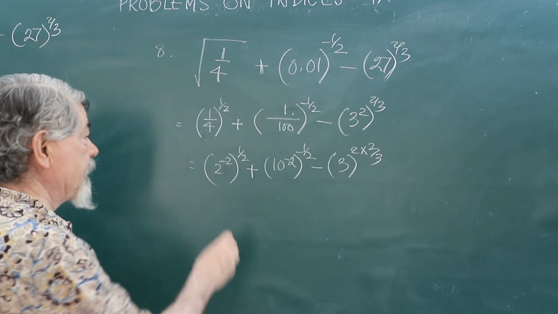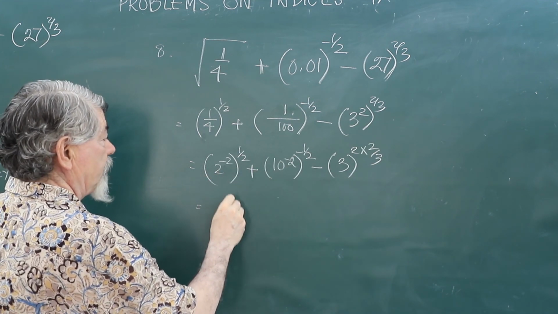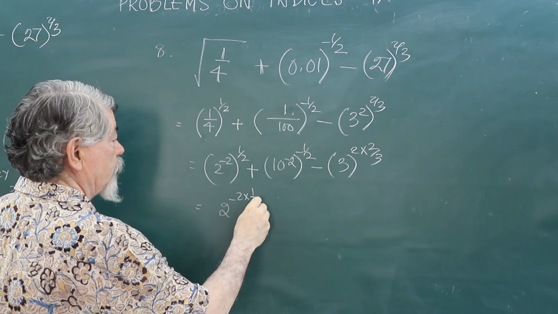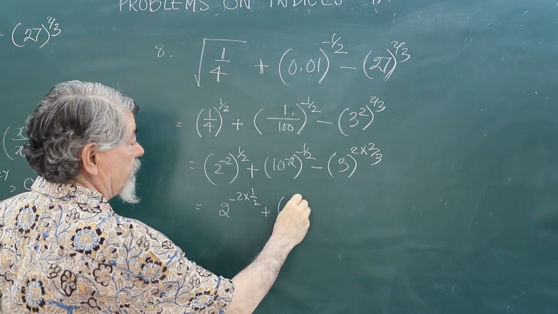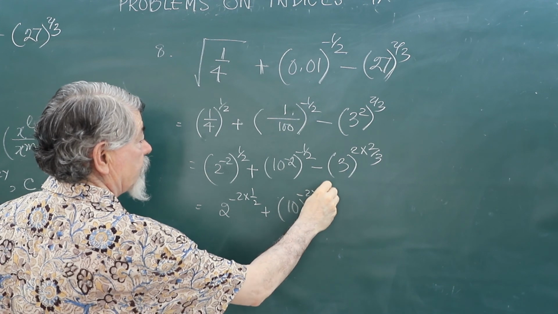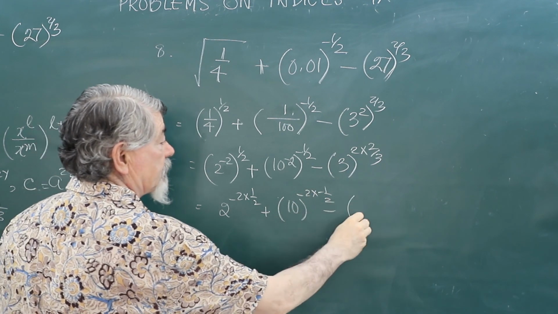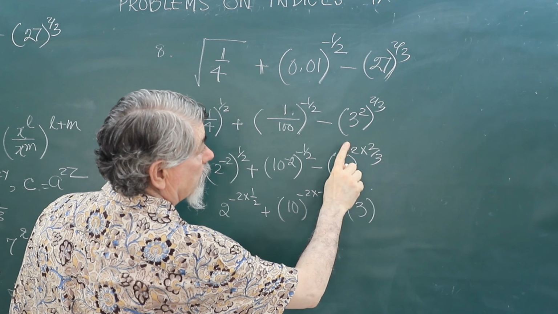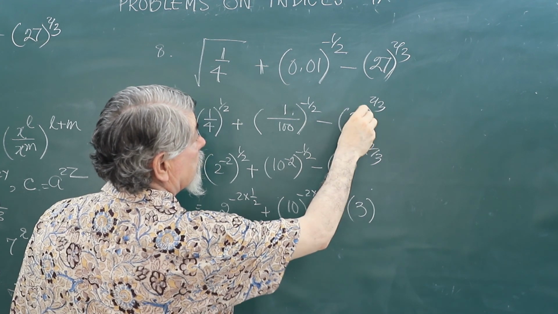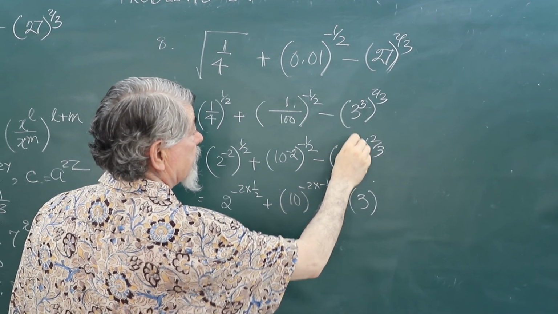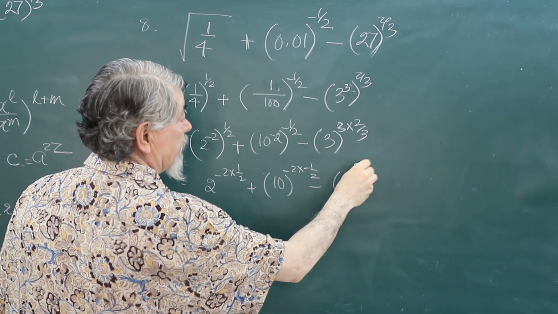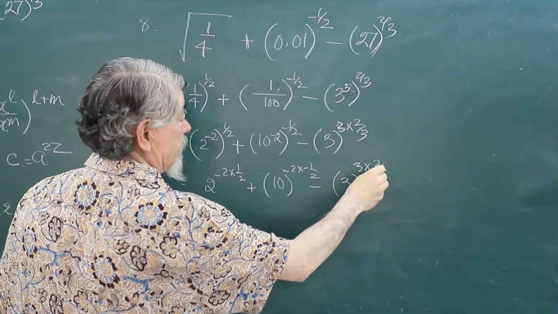So powers get multiplied: 2 to the power minus 2 into 1 upon 2 plus 10 to the power minus 2 into minus 1 upon 2 minus 3 to the power 3, it is not 3 to the power 3, it should be 27, it is 3 to the power 3 into 2 upon 3.